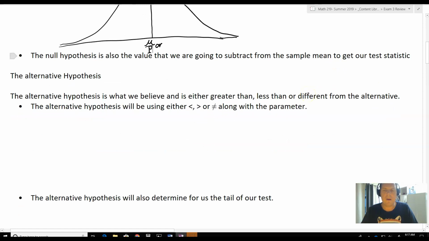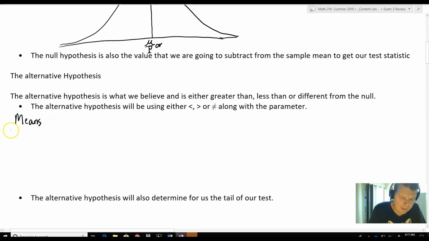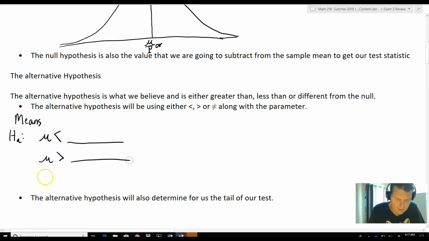Okay? Now the alternative hypothesis is a response to the null hypothesis. The alternative hypothesis is what we believe and is either greater than, less than, or different from the null. Okay? So how we'll write this in the case of means is HA will either be mu is less than a value, mu is greater than a value, mu is not equal to a value.